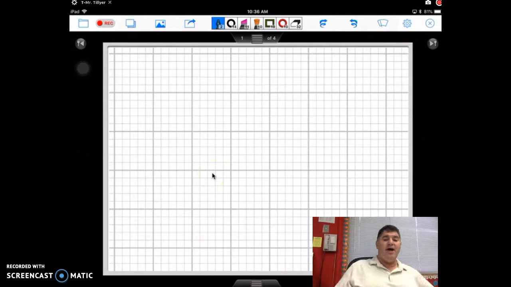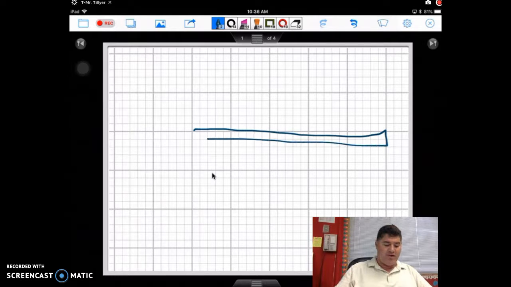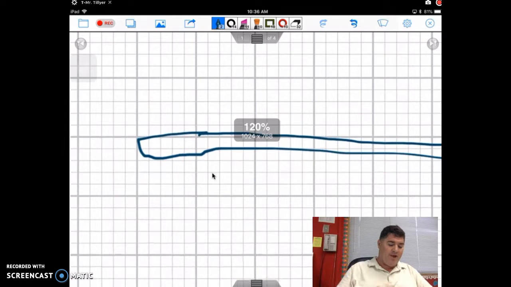Let's look at the place value chart. Here is my place value chart right here. We're going to start with ones right here, and then we're going to have a decimal point.